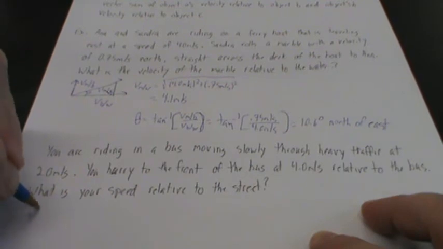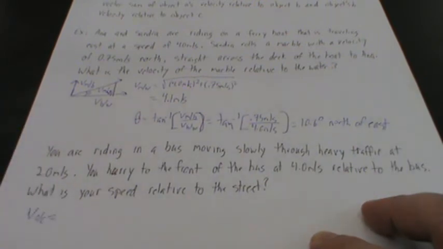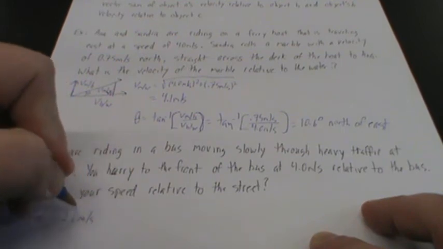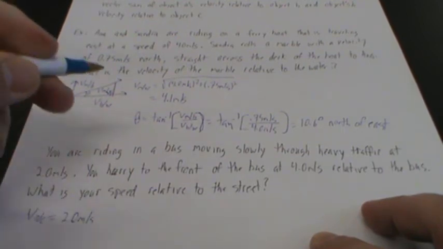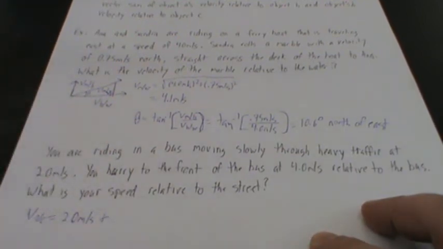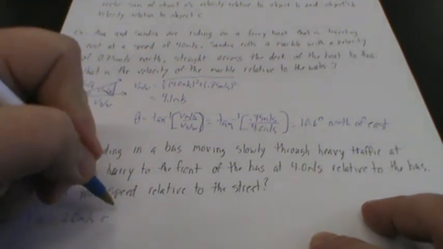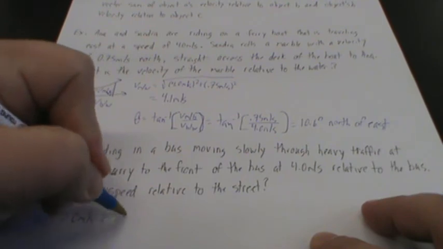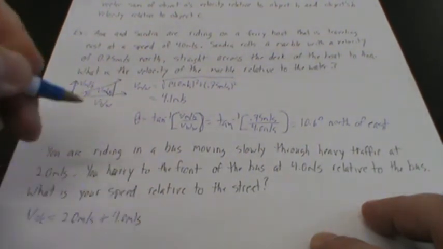All right, so velocity of A to C. Our velocity of A to B, let's take that as the bus moving through heavy traffic, 2 meters per second, plus, now, you're traveling with the bus, we'll make that B to C at 4 meters per second.